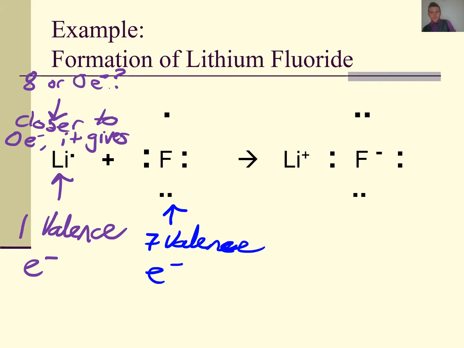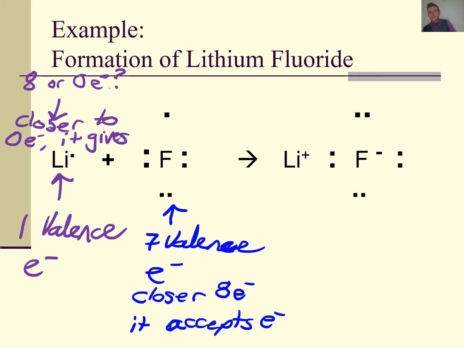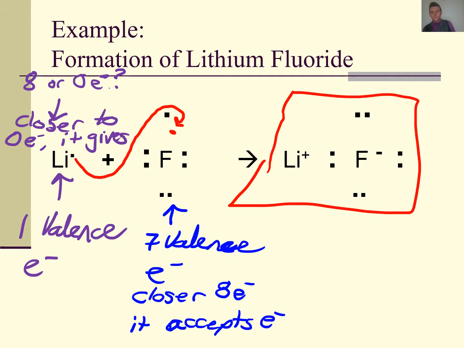Since fluorine is closer to 8 electrons, it accepts electrons. So then what I can see here is this lithium will give its electron to this fluorine, and then we get the picture over here on the right.